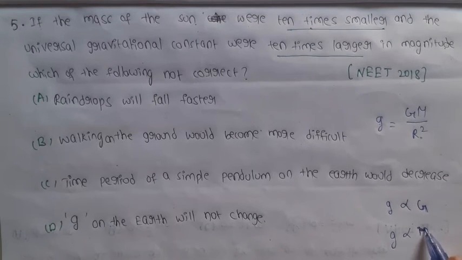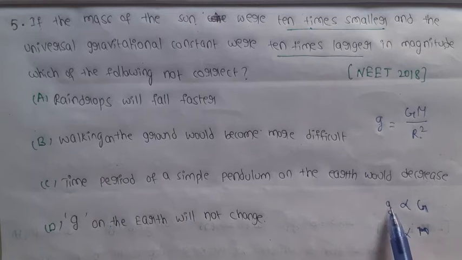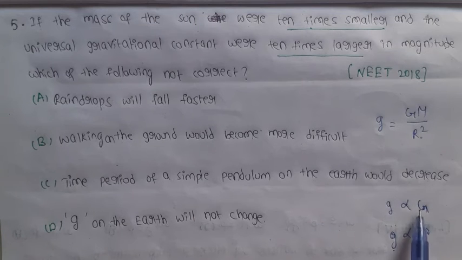Suppose mass increases, gravity increases, so if the universal gravitational value increases, g also increases. So g and M are directly proportional to gravitation.